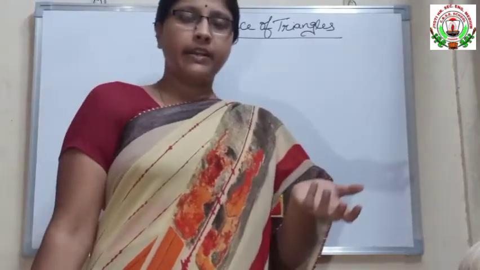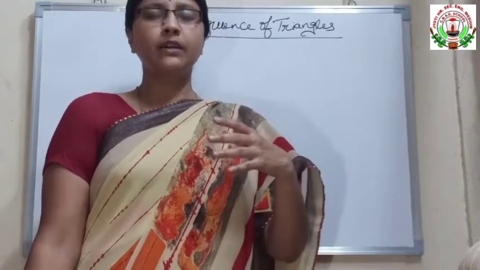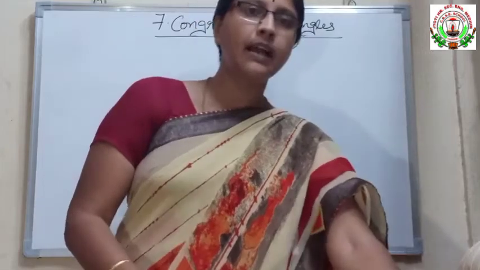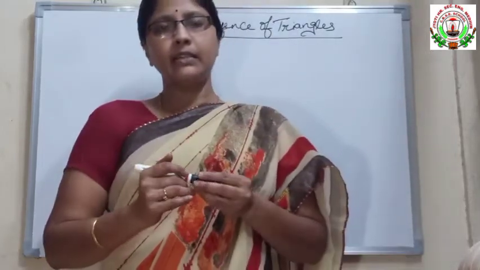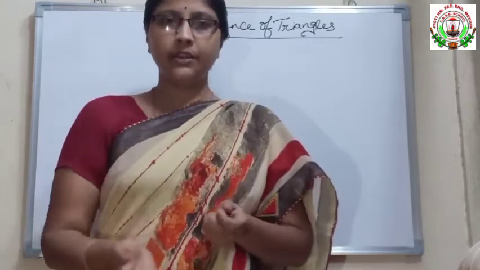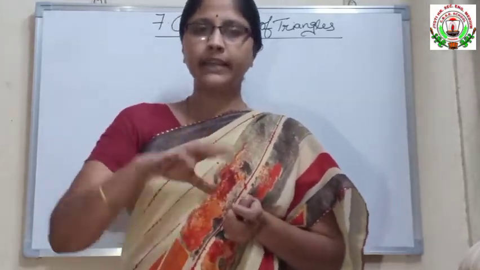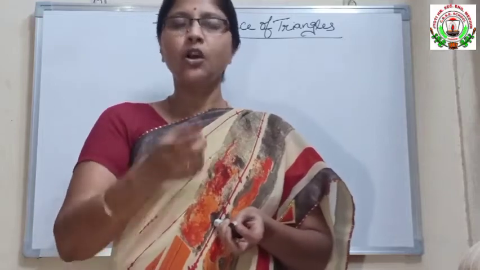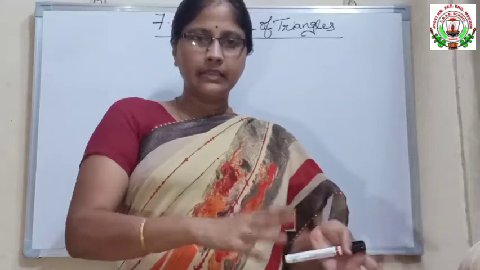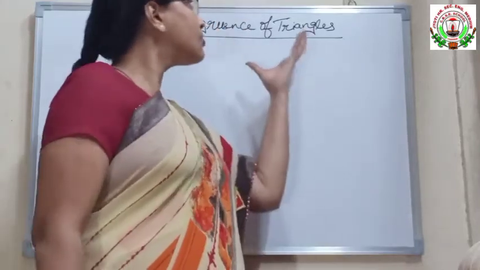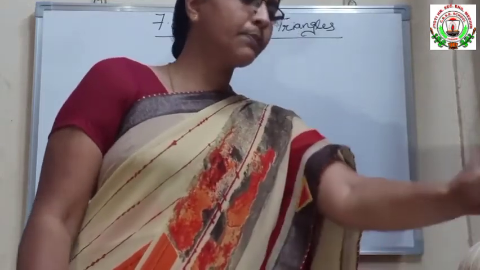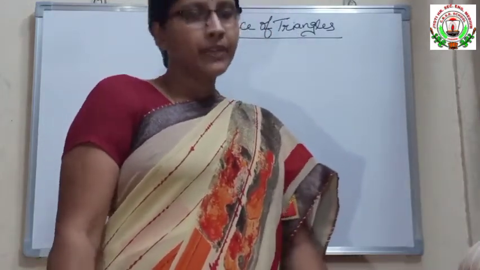Means they can give the triangles and ask you to find the criteria by which the given two triangles are equal to each other, or they can give the criteria and ask you to frame the figures. This chapter is based on that only. So this is your congruency of triangles. So continuing with our exercise part, we are going to do it in our next class.